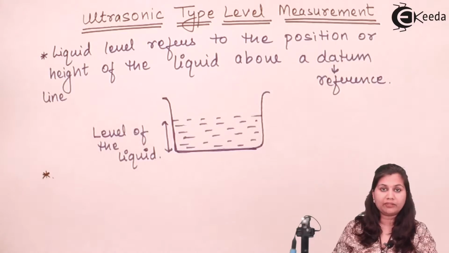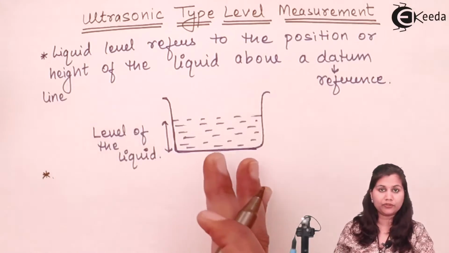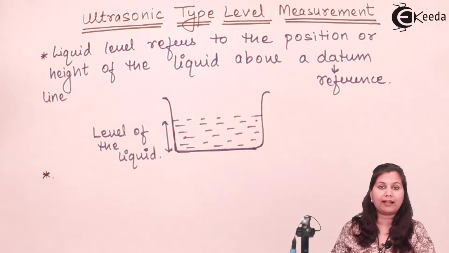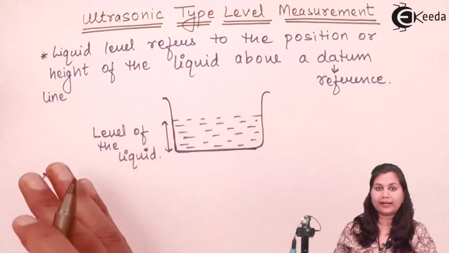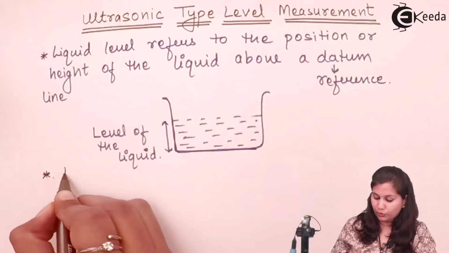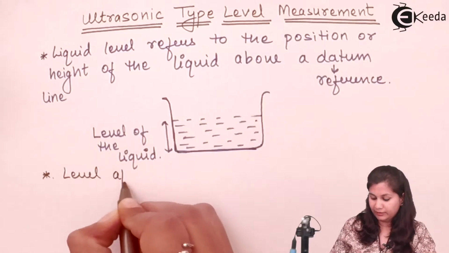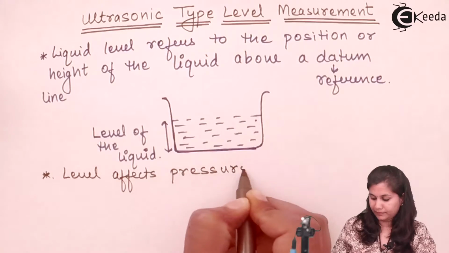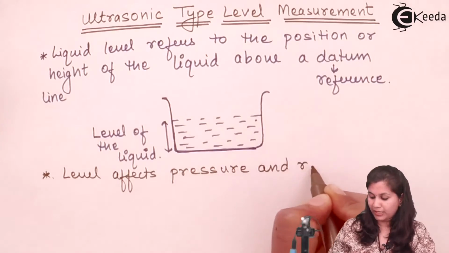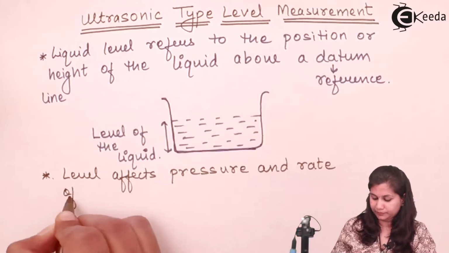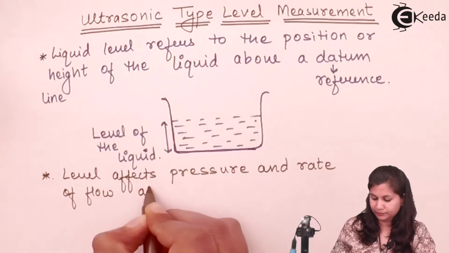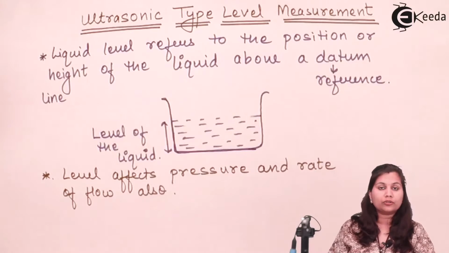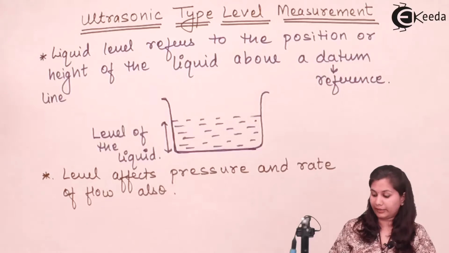Now this liquid level does not only affect the amount of the liquid, but it also affects the pressure and the rate of flow in and out of the container. So by measuring the level of the liquid, we can measure the pressure and the rate of flow of the liquids also.